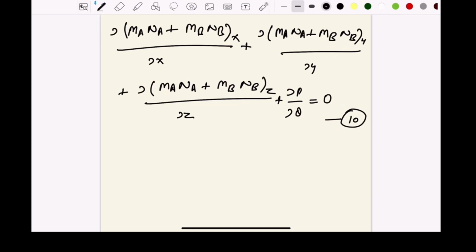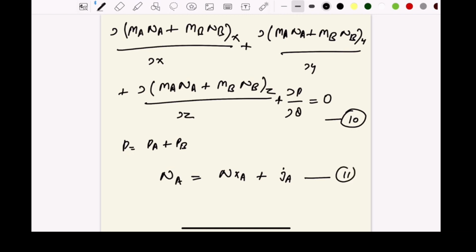And kindly bear in mind that this ρ is the combined solution density, such that ρ is ρA plus ρB. Now, we know from the basic mass transfer equation that NA is NA,bulk plus JA.